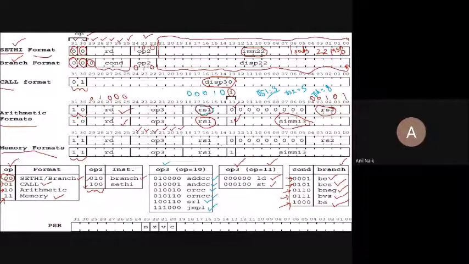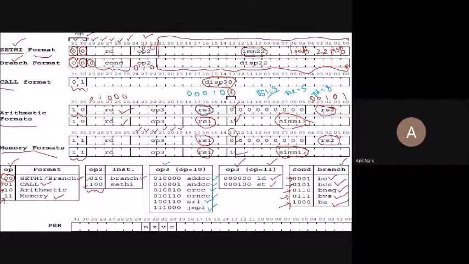In the load instruction, if we are using both registers as source operands, then the 13th bit is 0, and if it is one register and one constant memory address, then it is 1.